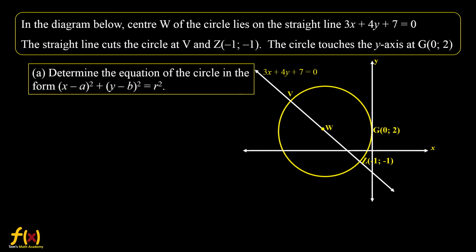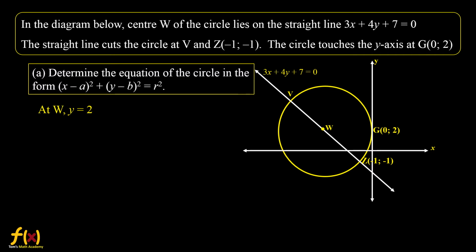The y-axis is a tangent, and we know that WG is a radius. The radius will be perpendicular to the tangent. So the y-coordinate of G is 2 and the y-coordinate of W will also be 2. That is our first information: the y-coordinate of W equals 2.